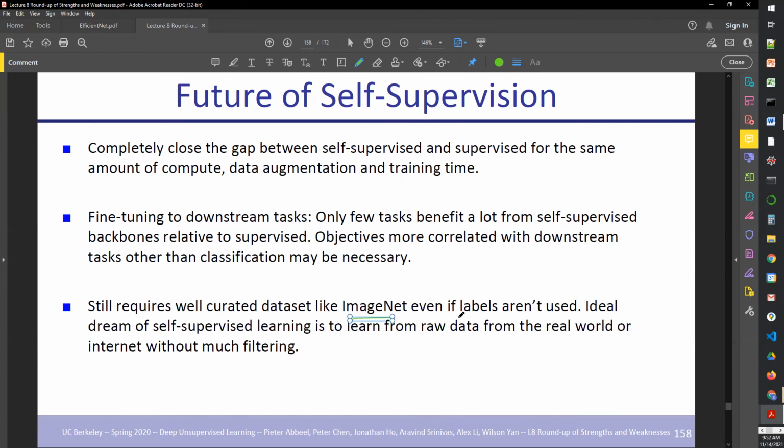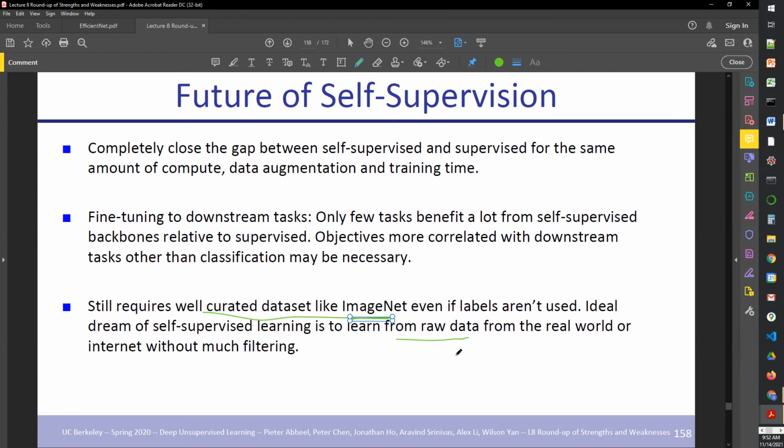And then we are still dependent to a large extent on large curated datasets like ImageNet, even if labels aren't used from ImageNet. But in the ideal world, we would not even care about curated datasets like ImageNet, and would just take a large set of samples, like we do in the language domain. The dream of self-supervised learning is to just learn from raw data.